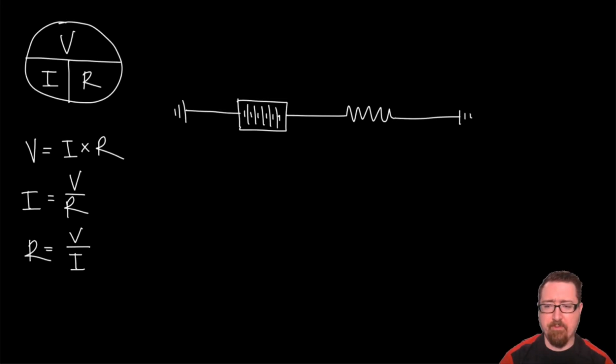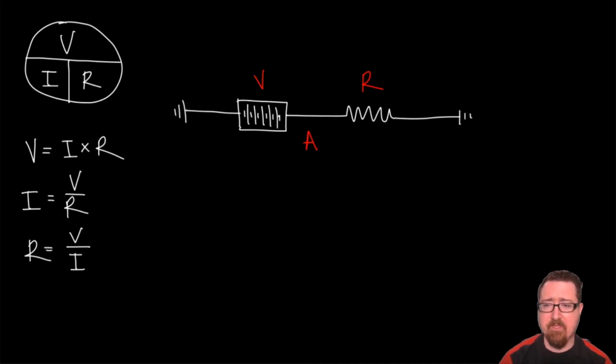So when we're figuring out Ohm's law, when we're calculating stuff, we need to have 2 out of the 3 objects in order to do this. So for instance, I would need to have my voltage and my resistance to be able to figure out current, or I'd need voltage and current, which is in amps, in order to figure out resistance, and so on and so forth.